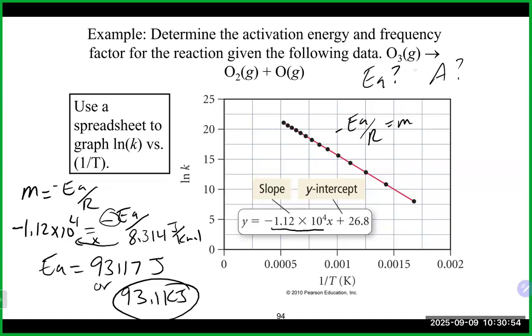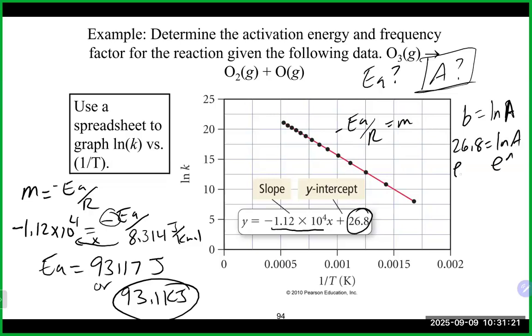Now, our frequency factor, which is really that proportion of molecules that have enough energy to get up and over to the other side, can also be found graphically like this. Your y-intercept is equal to the natural log of A in this case. Looking at our y-intercept, that's going to be our 26.8 number. So 26.8 equals the natural log of A. To get rid of the natural log, we're going to raise e to both sides.